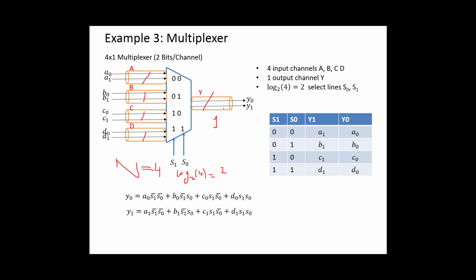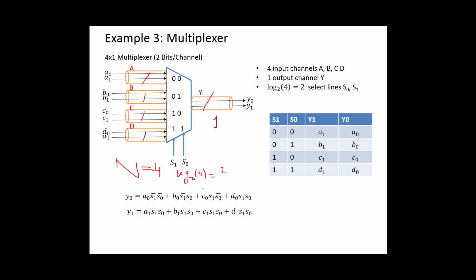Similarly, Y1 is connected to the A1 bit line. In the second case, when S0 is 1 and S1 is 0, channel Y is connected to channel B in such a way that bit line Y0 is connected to B0 and Y1 is connected to B1, and in the same way we can connect these bit lines to channels C and D depending upon the value of these select lines.